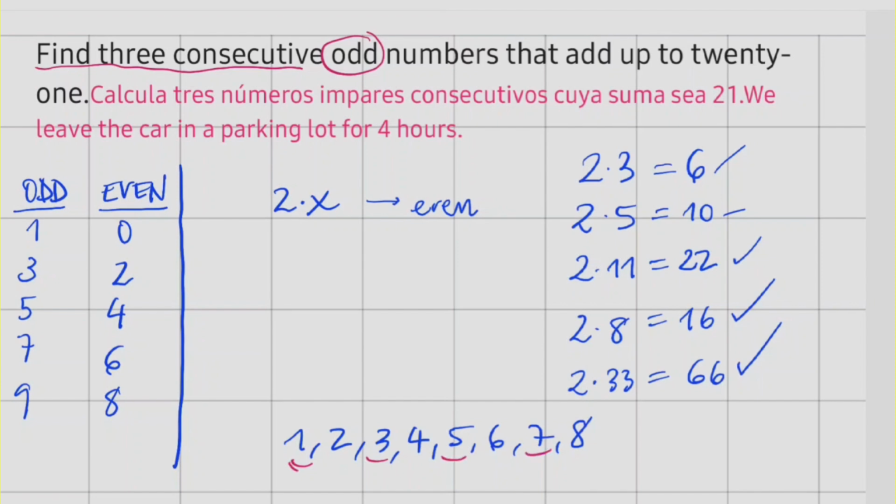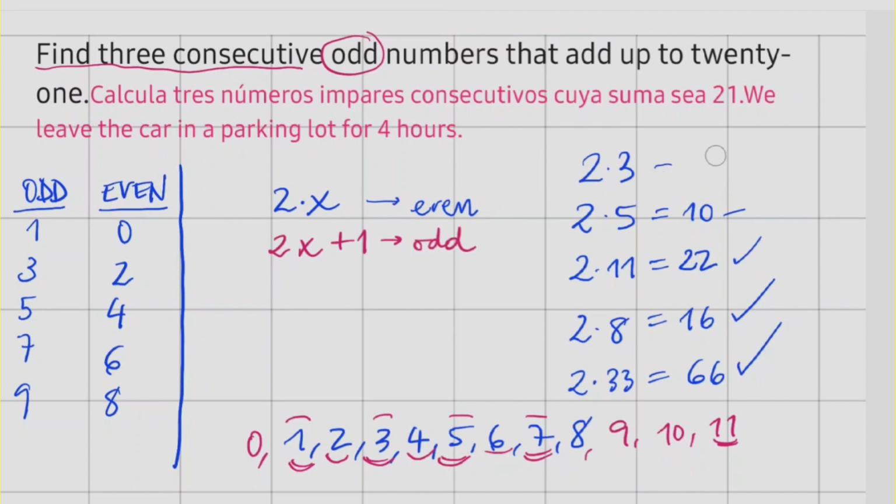You get odd, odd, odd, odd, then 9, 11, and so on. So they alternate each other. You get first an even number, which could be 0, then we get an odd number, then even, odd, even, odd, even, odd. So we could say that if we add just 1 unit to this number, we always get an odd number.